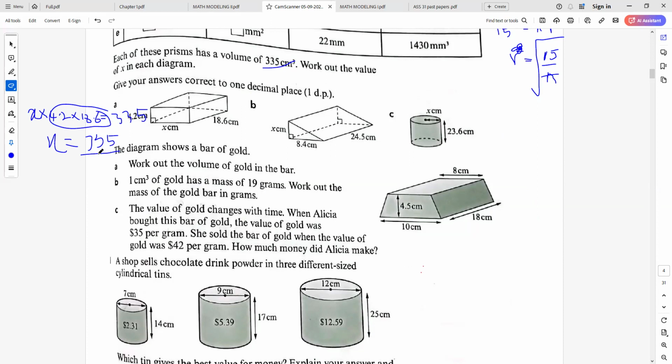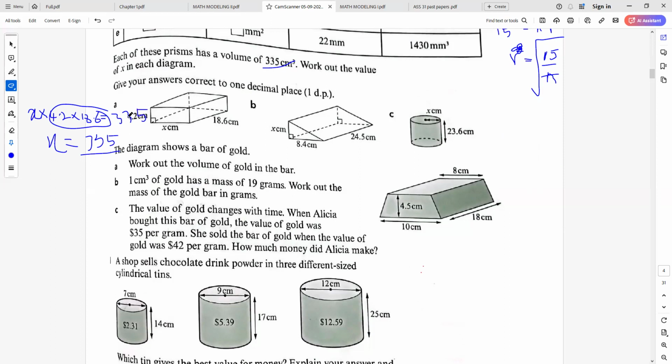You can use your calculator: 335 division symbol, parentheses, 4.2 times 18.6, which gives 4.288.